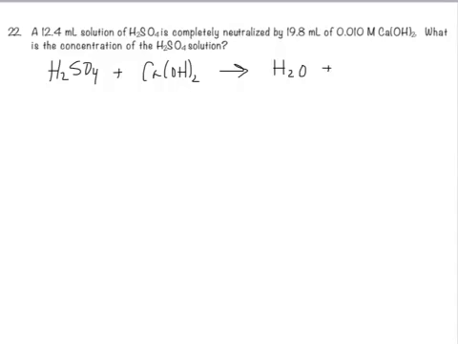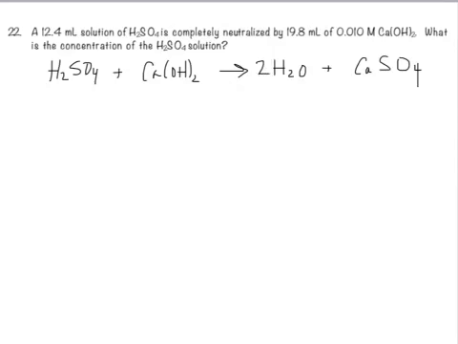Calcium and sulfate, because calcium and sulfate are both 2 charged. Calcium's 2 plus and sulfate is 2 minus. Equal and opposite cancel. The formula for calcium sulfate, CaSO4. Now to balance this formula, you'll notice that the hydrogens and oxygens are not balanced, but that's easily remedied. All you have to do is put a 2 in front of the water.